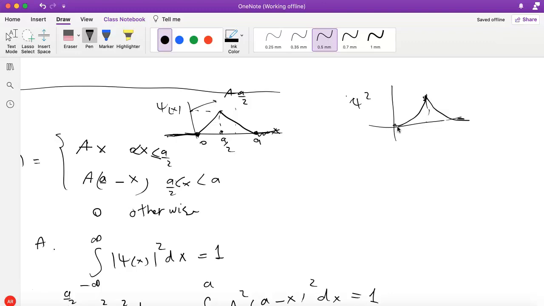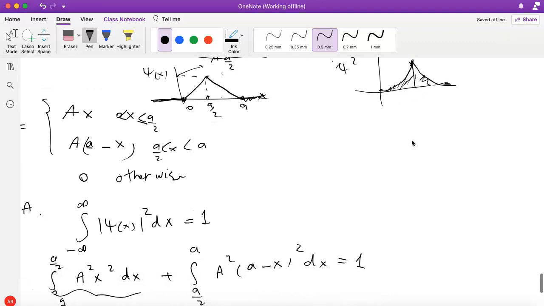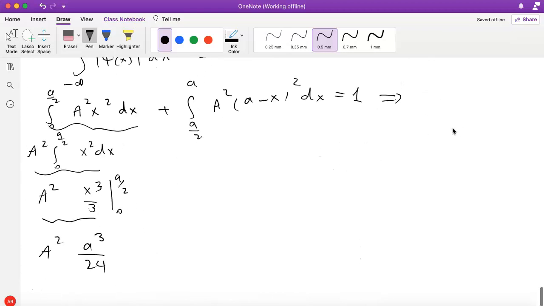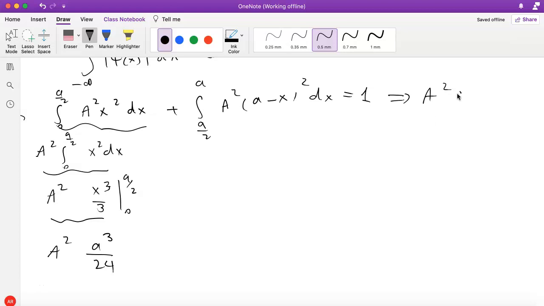So the area under this curve should be the same as the area under this curve. Therefore this whole integral is just twice that, so I should get A squared a cubed over 12 is 1, and that gives me A is the square root of 12 over a cubed.